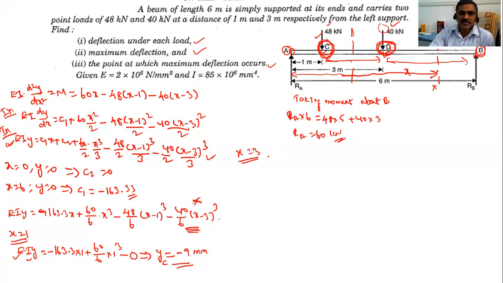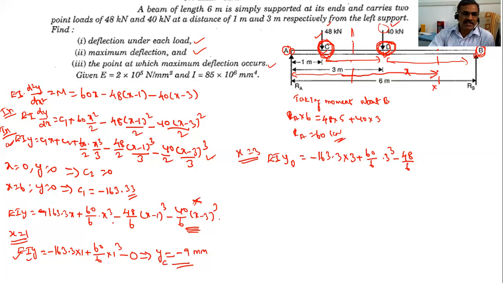So that is EI into y, that is yD is equal to minus 163.3 into x is equal to 3 plus 60 by 6 into 3 power 3 minus 48.6.